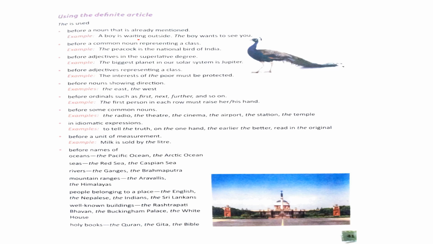The boy wants to see you." Here the noun boy has been mentioned for the first time in this sentence, so we use the indefinite article a with it. But when it gets mentioned for the second time in the second sentence, we add the article the. So we use the article the before a noun that is already mentioned.